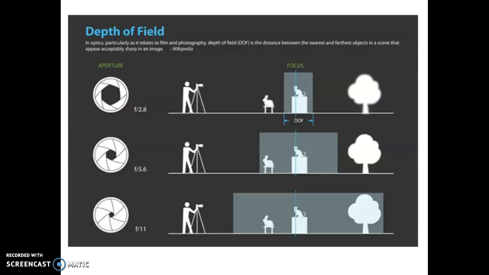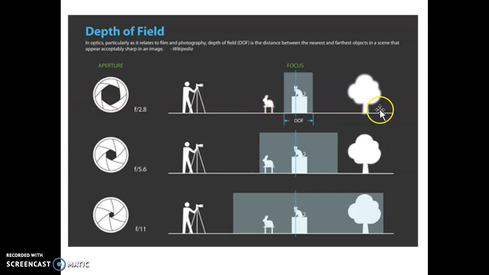So depth of field, as we are moving forward again, is allowing you to get a lot in focus or a little in focus. You can see the higher the number, again, big numbers mean small things, the more you're able to get in. You have a longer focal range versus a large aperture of a 2.8.